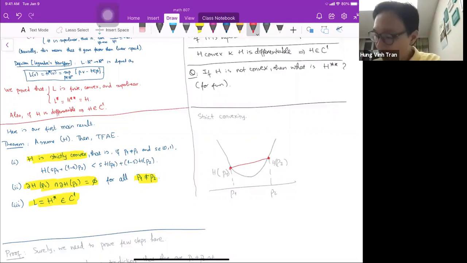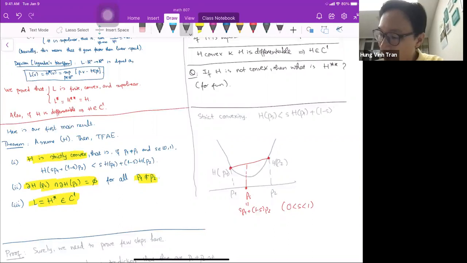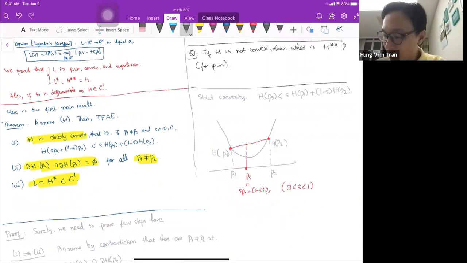If you take any point p_s, which is the convex combination s p1 plus (1 minus s) p2 for 0 less than s less than 1, then strictly h of p_s is less than s times h of p1 plus (1 minus s) times h of p2. That's the meaning of strict convexity.